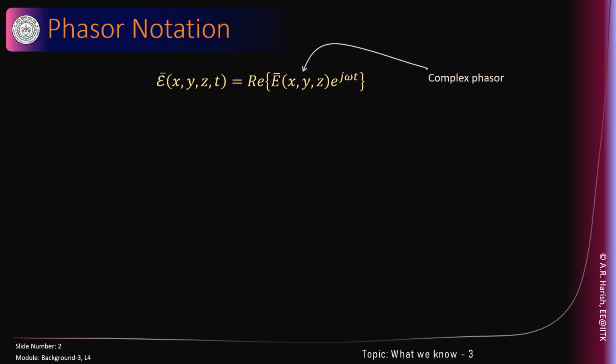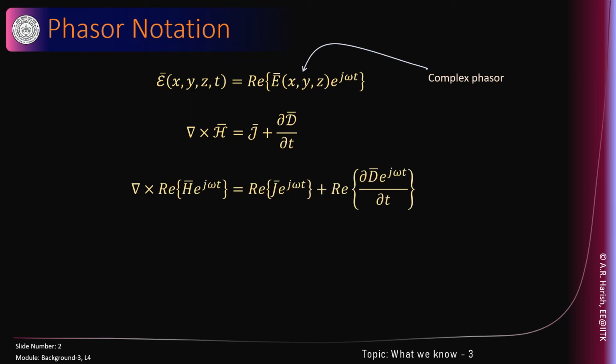What we are trying to do is write all those equations that we have learned in terms of phasor representation. So we assume e to the power of j omega t notation, and let us take one of the Maxwell's equations, for example, the Ampere's law, and express all those real quantities in terms of phasors. For example, script H bar is the real part of H bar e to the power of j omega t, and so on.